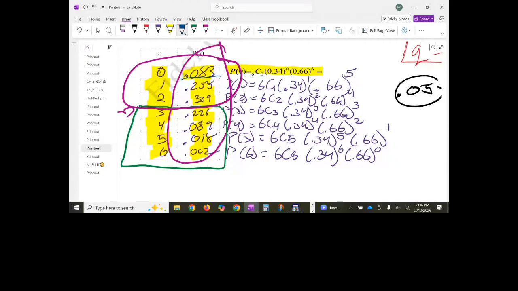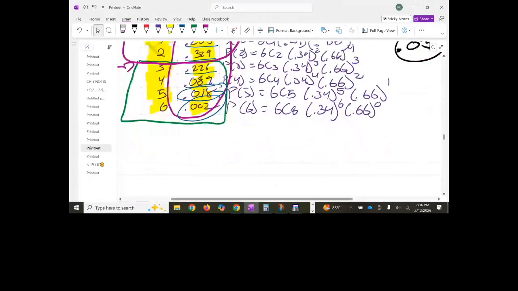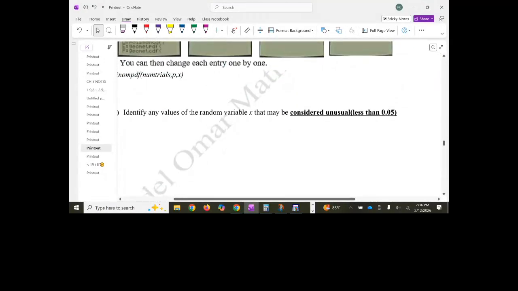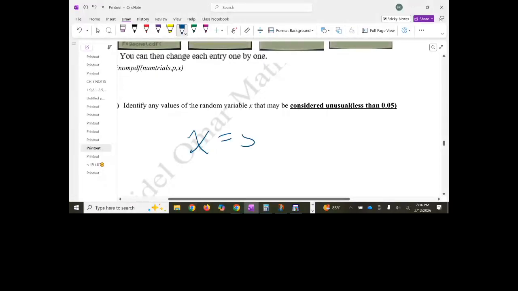No, that's bigger than 0.05. That's bigger, that's bigger, that's bigger, that's bigger. Ooh, isn't that smaller than 0.05? And so is that one. Finding 5 or 6. So right here, my x values of 5 and my x values of 6. So finding exactly 5 voters who agreed with this, or exactly 6 voters who agreed with this, that would be what we would consider unusual because their probabilities were smaller than 0.05.